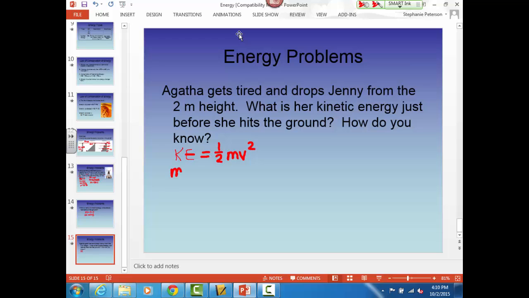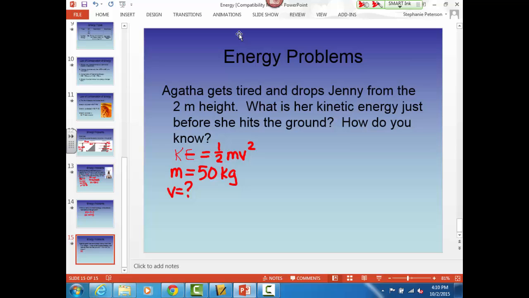And you might be thinking, all right, I know Jenny's mass from before was 50, but what's her velocity? Doesn't say anything about that in the question. So there must be another way I can solve this.